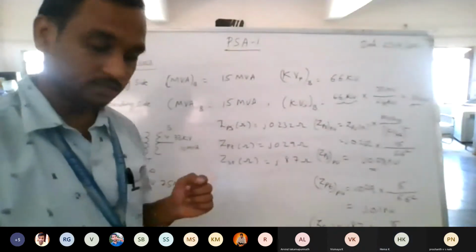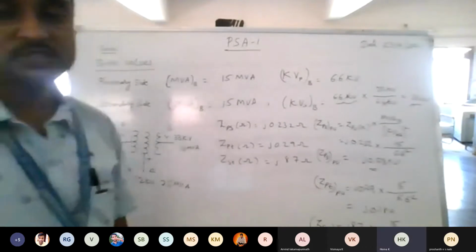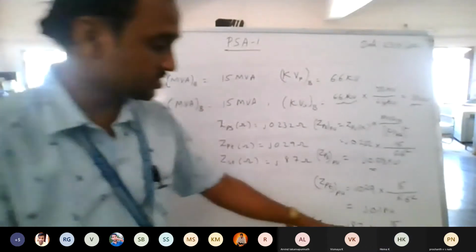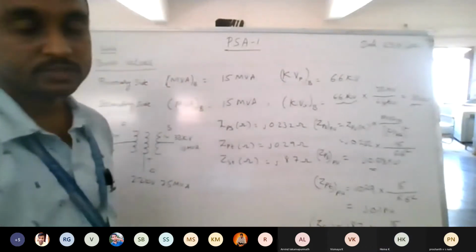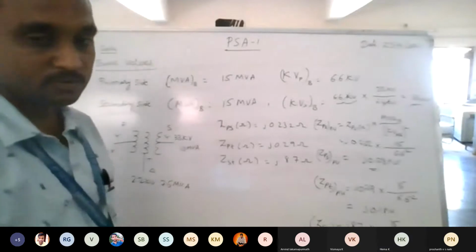In terms of J something, the J operator is there, complex form.